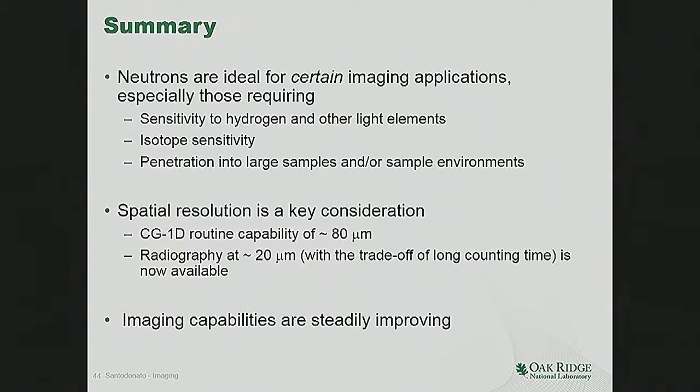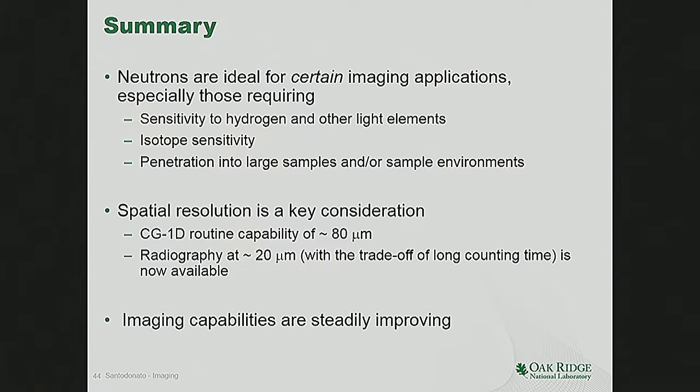Now, to summarize, the neutrons are ideal for certain imaging applications, especially the sensitivity to hydrogen comes in really handy. Sensitivity to lithium is another one. I didn't show any examples, but with all the research on lithium batteries, we've had some experiments where people map out the distribution of lithium and then the migration of lithium in an operating battery, for example.